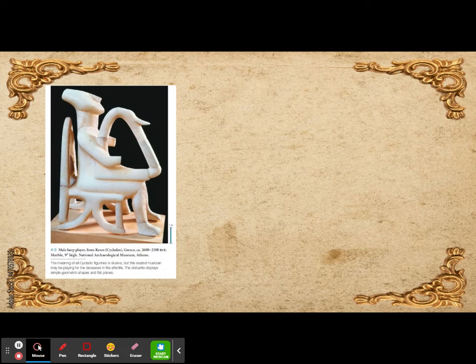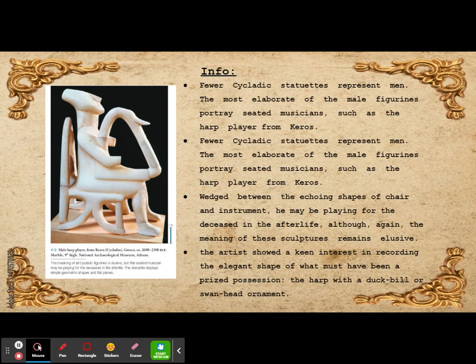Of course, this is an art piece of a male harp player, and what they saw is that the Cycladic, if I remember correctly, it was a person's instrument and whatnot, but of course this is made by marble.